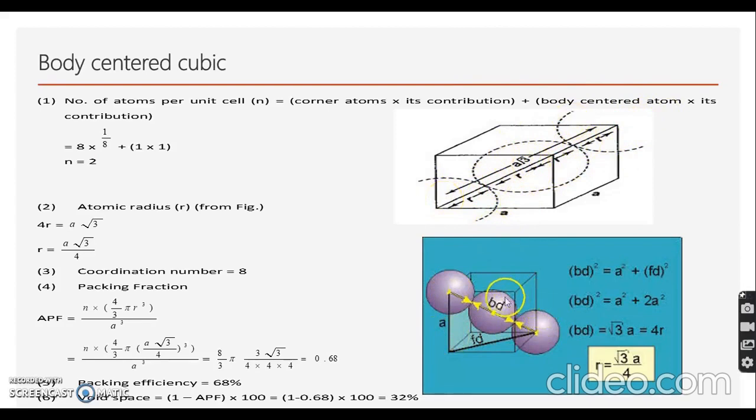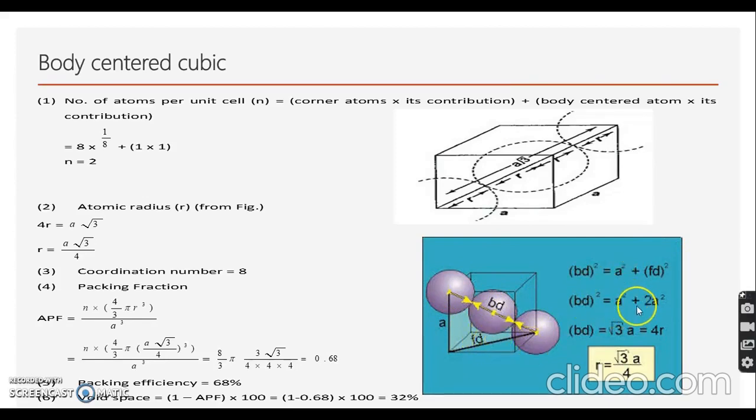When we take another view of this three-dimensional figure, we can see that by Pythagoras theorem, I can say this body diagonal BD, BD square is equal to a square plus FD square. But FD square is also because of this a square and a square, so FD square itself will be 2a square.